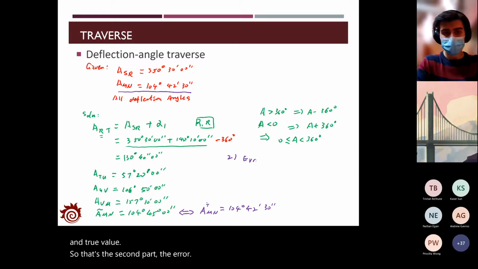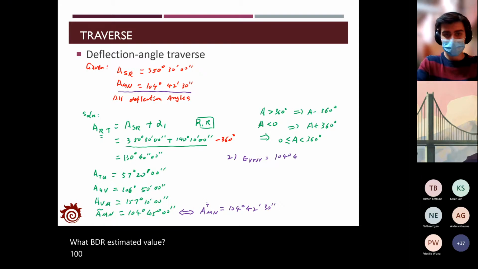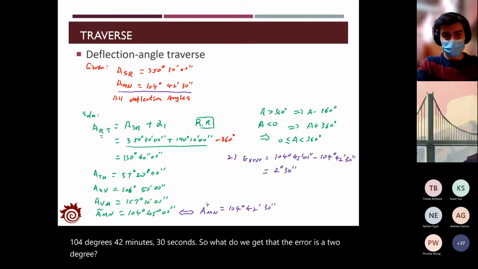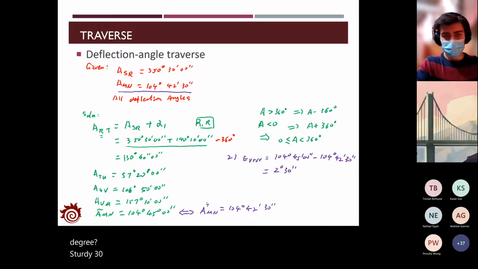The error will be the estimated value, 104 degrees, 45 minutes, 0 seconds, minus the true value, 104 degrees, 42 minutes, 30 seconds. So what we get is that the error is 2 minutes, 30 seconds. So this is the error we obtained.